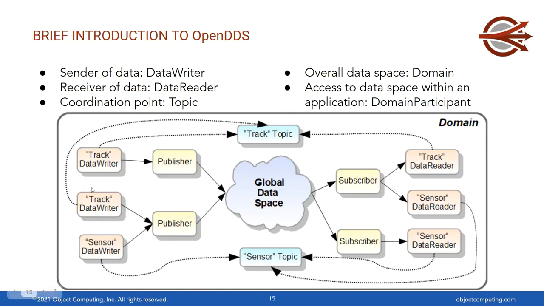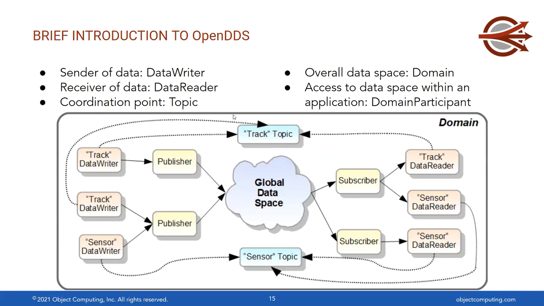Those are seen on the left. Similarly, the receiver of data is called the data reader. And notice that each data writer or data reader is associated with a specific topic. So we think of those topics as kind of how the writer and the reader coordinate with each other, right? How do they agree on what kind of data they're dealing with?